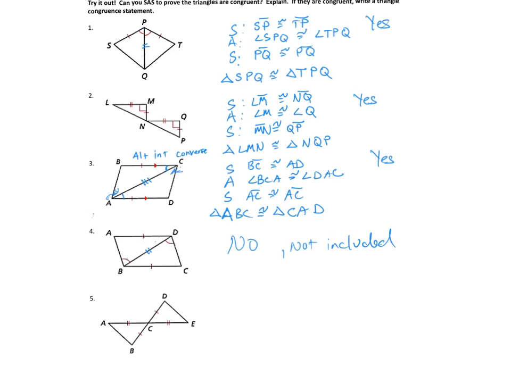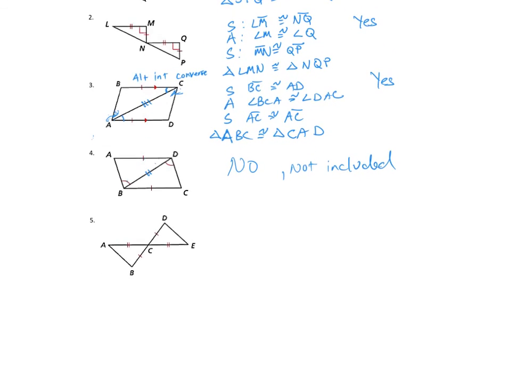Right, let's go on down to the last one. We have two sides, and using our vertical angles, we can prove that is congruent. And notice the sides, the angle is in between the two sides. So yes, we can do that here. So side, angle, side. I'm going to write a yes over there. We can already prove this. We can say that AC is congruent to EC.